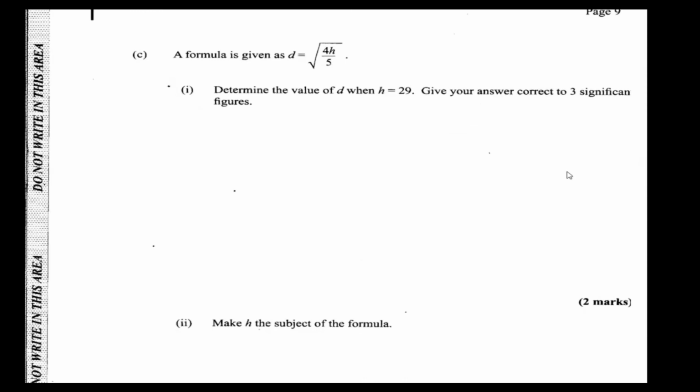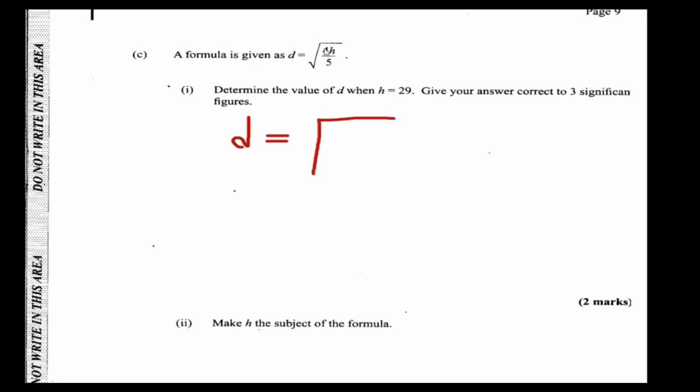Part C. Part C says a formula is given as D is equal to the square root of 4h over 5. Determine the value of D when h is 29, giving your answer to 3 significant figures. So the formula for D is the square root of 4 times h over 5.